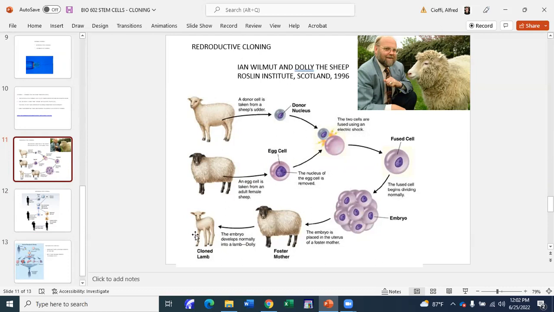In other words, the fact that Dolly was born and lived as a sheep until she was euthanized prematurely, and I'll get to that again, but the fact that she was at least born and looked normal and ate grass and lived normally for a few years, proved that these embryos were normal. Okay, that the embryos generated through cloning were normal. So that was the whole thing.